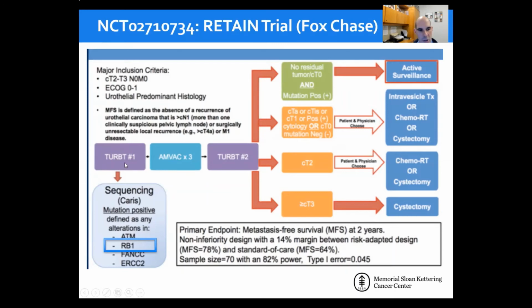But essentially, patients are treated with neoadjuvant chemotherapy, dose-dense MVAC, and then they undergo their post-chemotherapy TURBT. And if there's no residual disease and they have a mutation positive, then they undergo active surveillance, where if they have a mutation present and they have some residual non-muscle invasive disease present, then the patient decides how they would like to proceed.